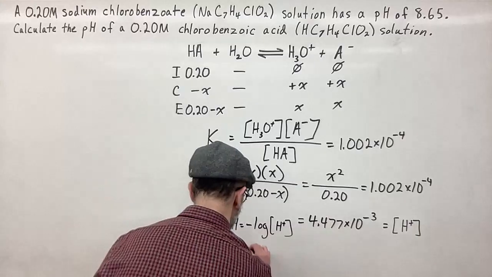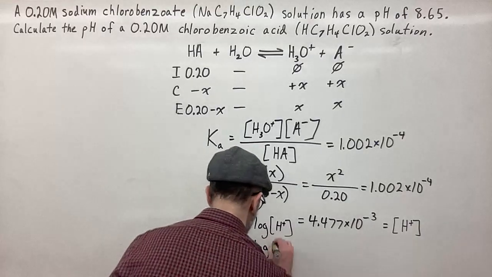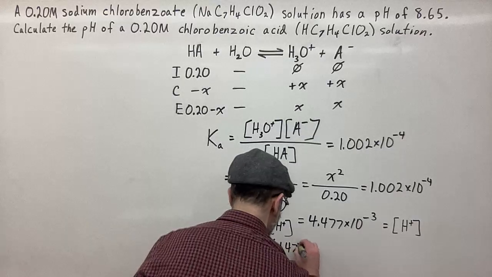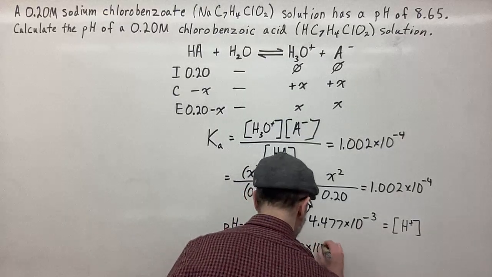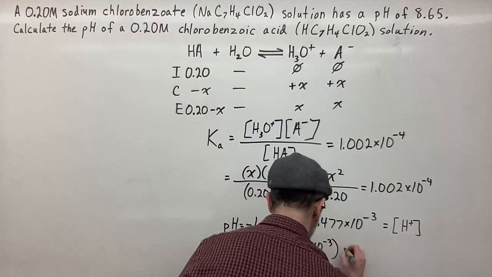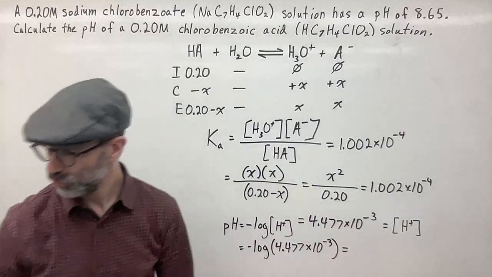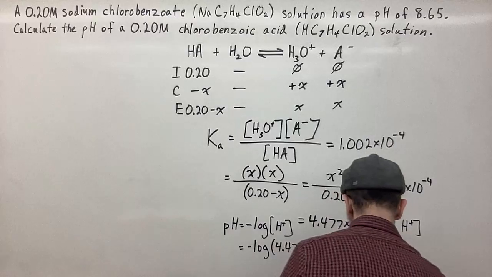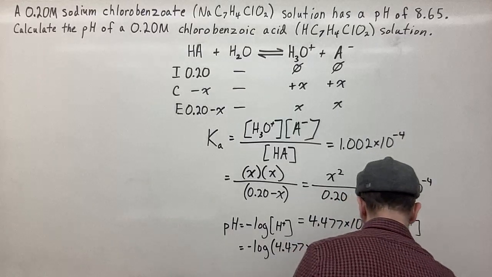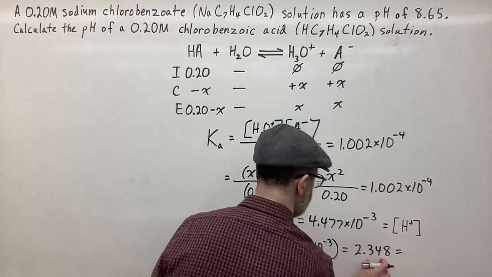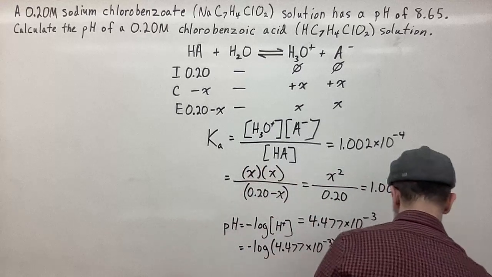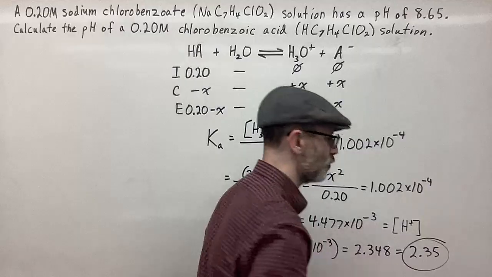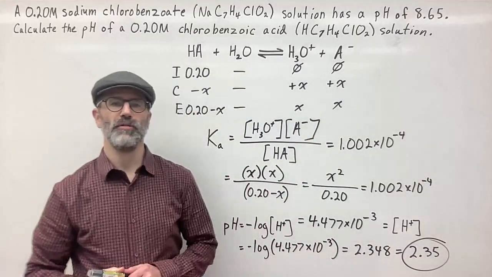So that's going to be equal to negative log of 4.477 times 10 to the negative 3, and that's going to be equal to 2.348. Round that to 2 decimal places, so 2.35.